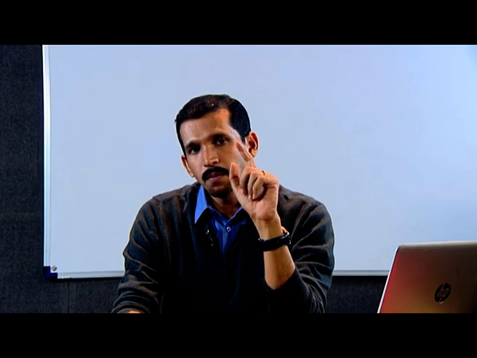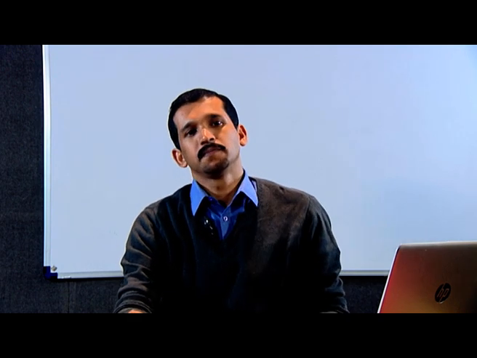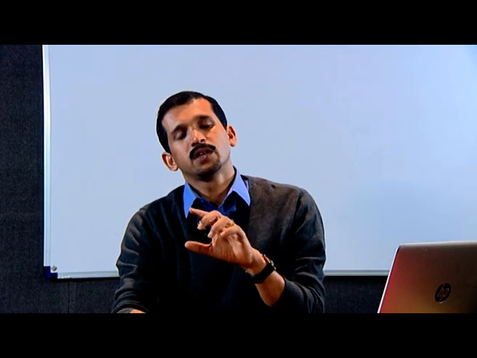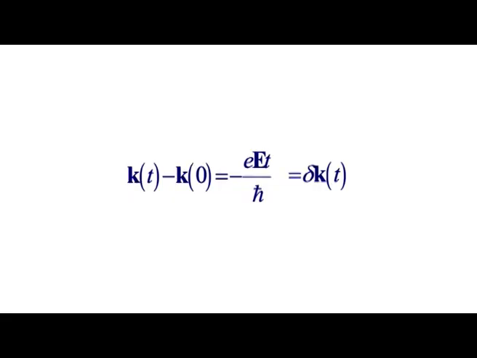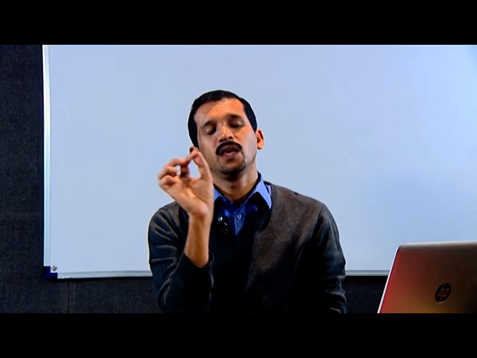Now, if we imagine that no external magnetic field is applied, the integration of that equation gives k(t) - k(0) = -eEt/ħ, or delta k equal to -eEt/ħ.